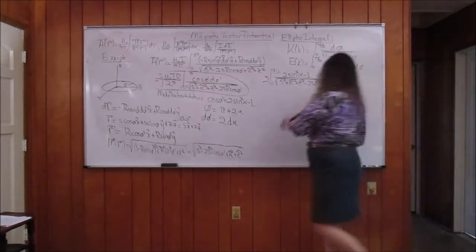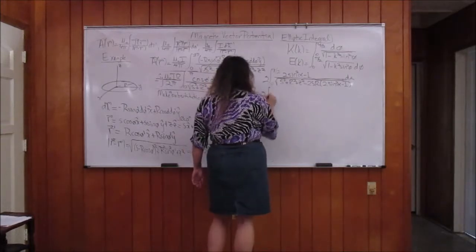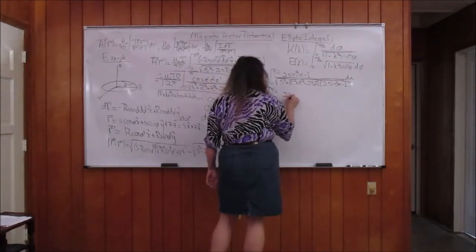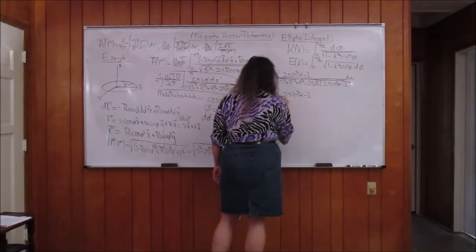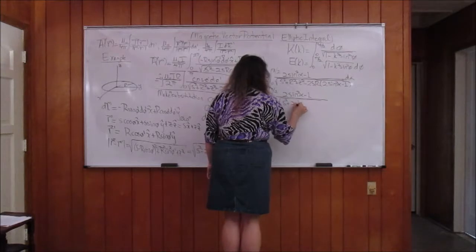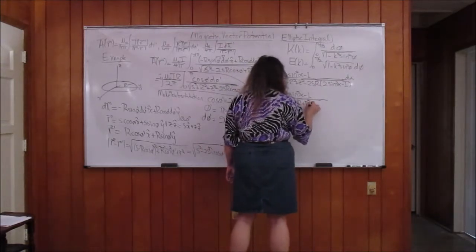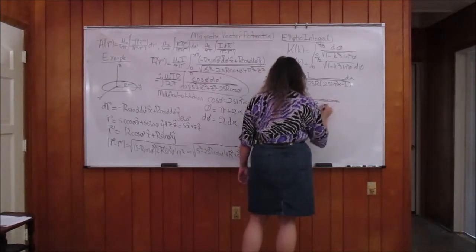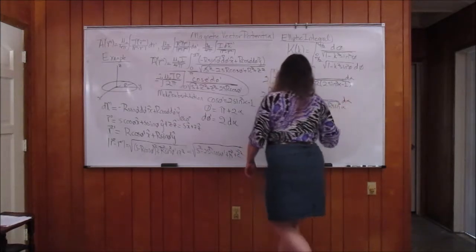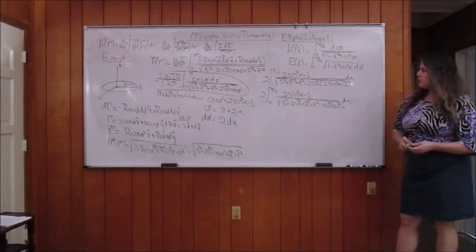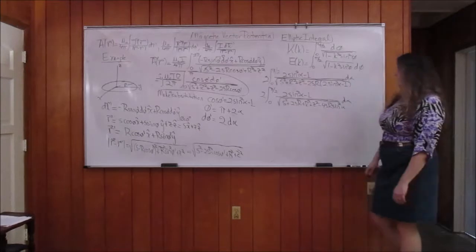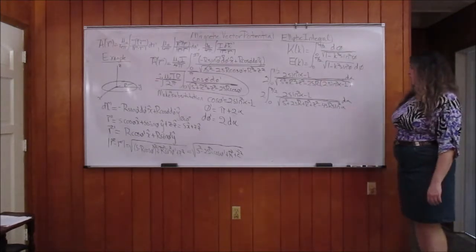I'm going to rewrite this in the denominator. Now I have 2 times the integral from 0 to pi over 2 of 2 sine squared alpha minus 1, all over the square root of s squared plus 2sr plus r squared plus c squared minus 4sr sine squared alpha.